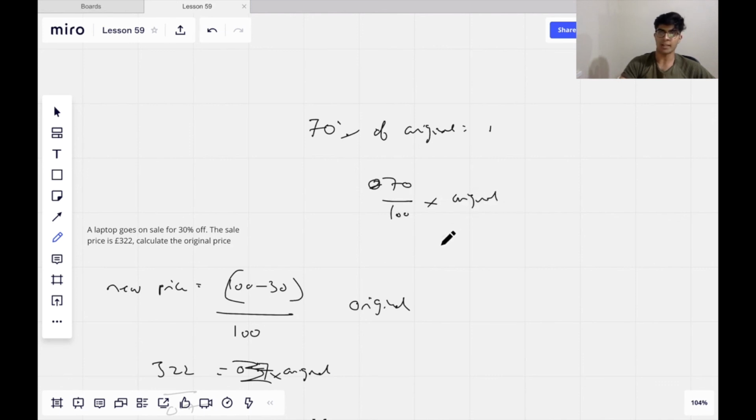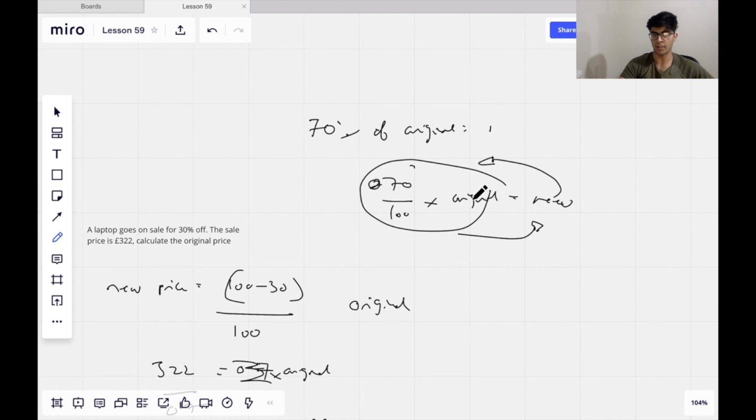But if we know something is 70% of an original, we have to divide instead of multiplying, because what we've done is 0.7 times original to get the new value. But we want to go in reverse now. We want to find the original value now that we have the new value, so we divide by 0.7. We've already gone from left to right. We want to go from right to left to get the original. So we divide by 0.7 basically.